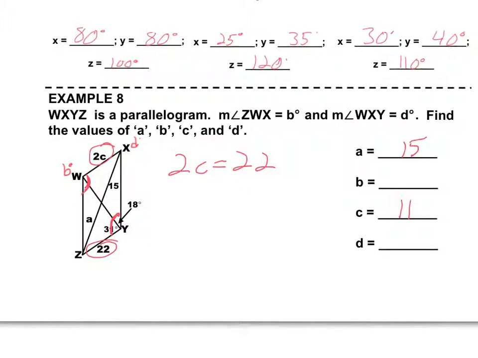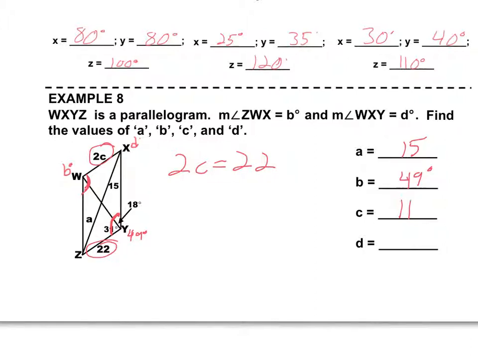So altogether this angle over here equals 49 degrees, 18 and 31. So if that angle equals 49, what do you think angle ZWX equals? Well, it has to be 49, according to the properties of our parallelograms. Opposite angles are congruent.